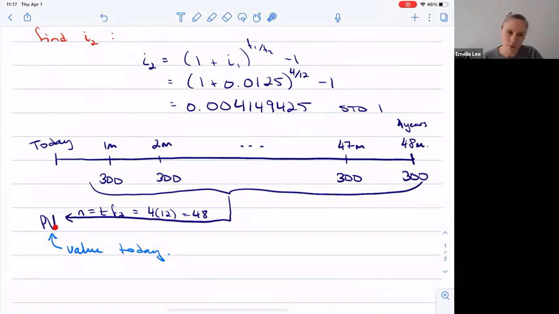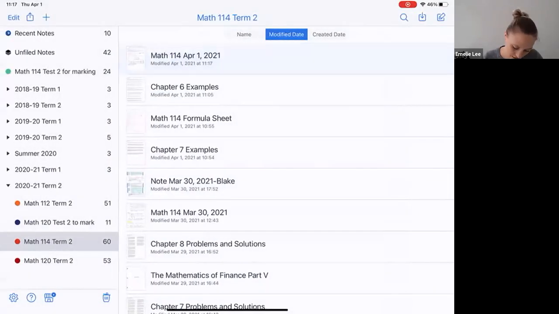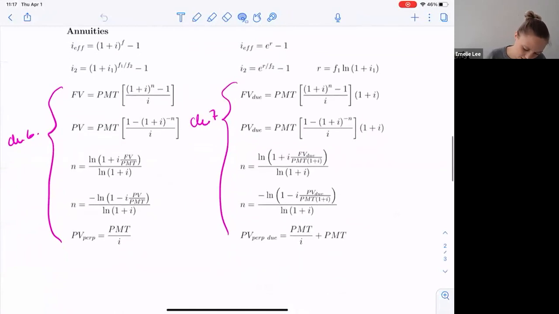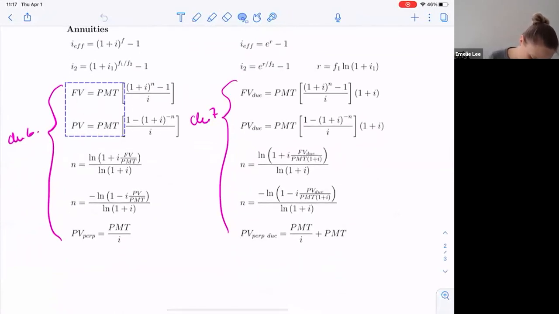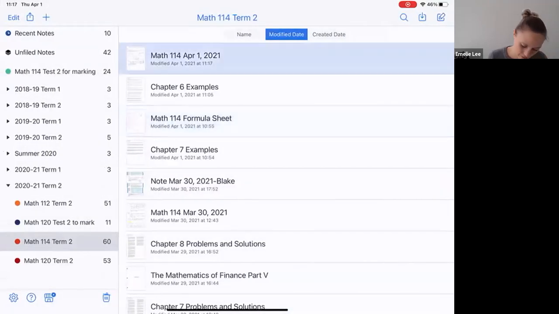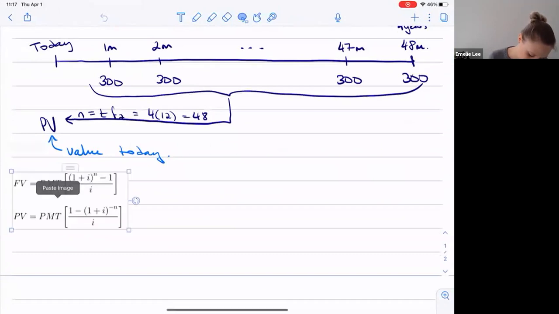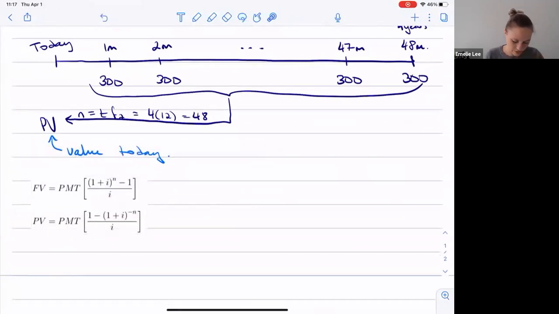So if I want to find the present value here, then I have to use a present value formula. So let's get acquainted with these annuity formulas again. We have 2 options, but only one of them is going to work, right? This one is if we're solving for the future value, and what we established last day is there is no present value in here. PMT is the payment amount, I is going to be I2, N is the number of payments.